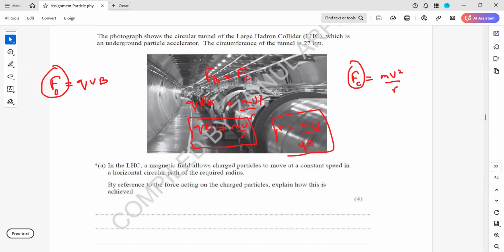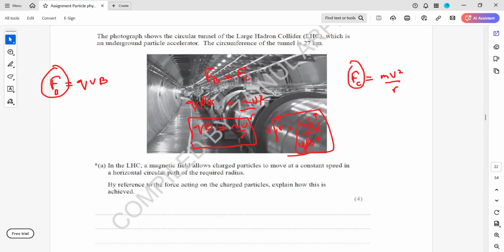B stands for the strength of the magnetic field. If we apply a stronger magnetic field, the radius will decrease. V is the speed: if a particle is moving at a high speed, it will have a greater radius. M is the mass of the particle. Actually, it's not only mass, it's the mass to charge ratio.